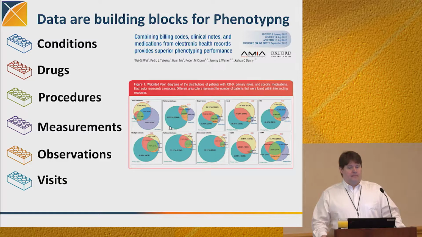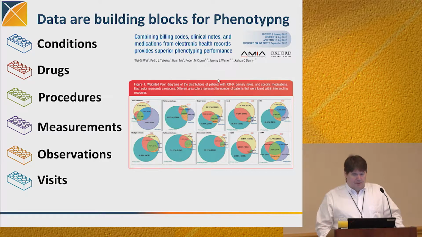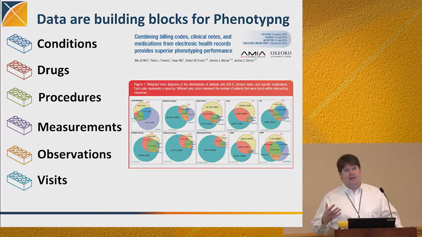Okay, so to build these phenotypes, you need your data. The common data model has various domains of data. Examples of those domains: conditions, drugs, procedures, measurements. There's an article out of AMIA, and it'll be in the slides, you can look it up and read it. They basically call out that different elements of data will be more useful for targeting different disease areas.